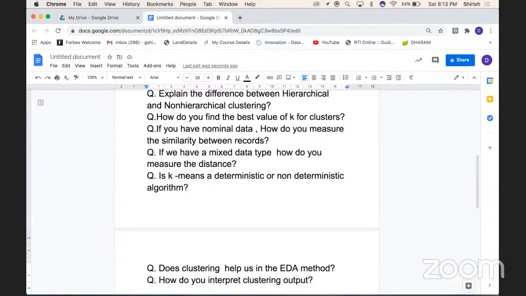Then you will take a call and give names to the clusters formed, the optimum number of clusters. Whatever clusters are formed, you have to do the aggregation. Correct?